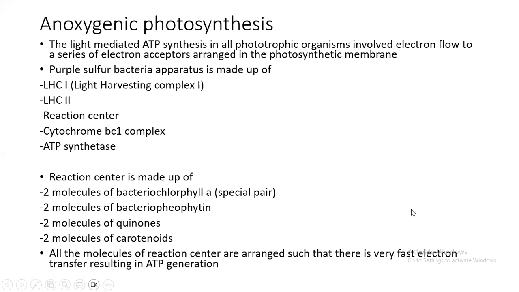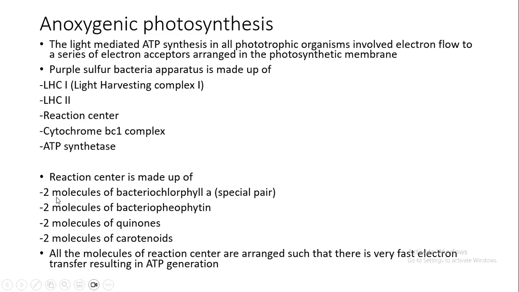So here are some of the components of the anoxygenic photosynthetic mechanism in the case of purple sulfur bacteria. The apparatus consists of the light harvesting complex 1 and 2. Then we have the reaction center where the reaction center chlorophyll molecule is present, the cytochrome bc1 complex, and ATP synthesis.